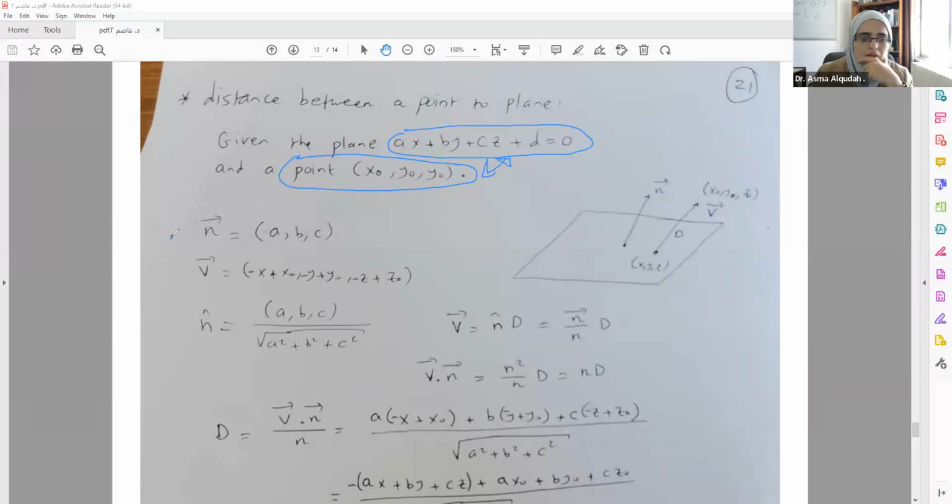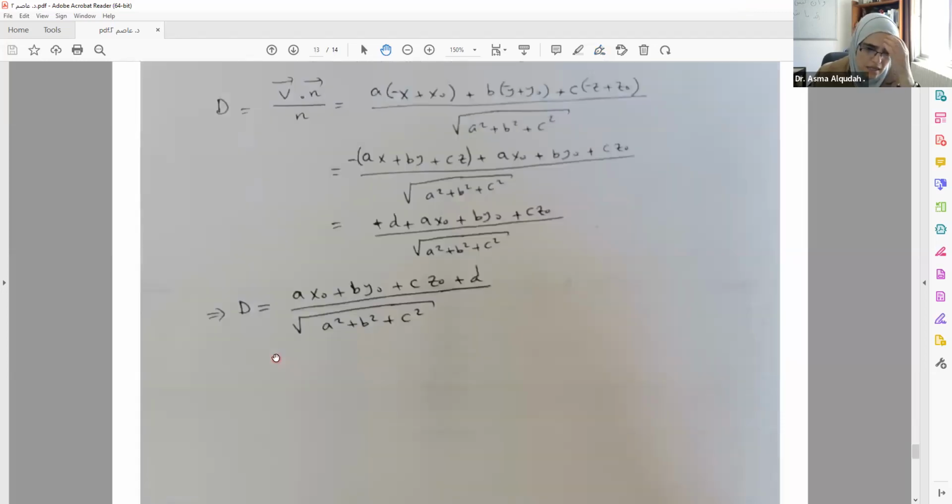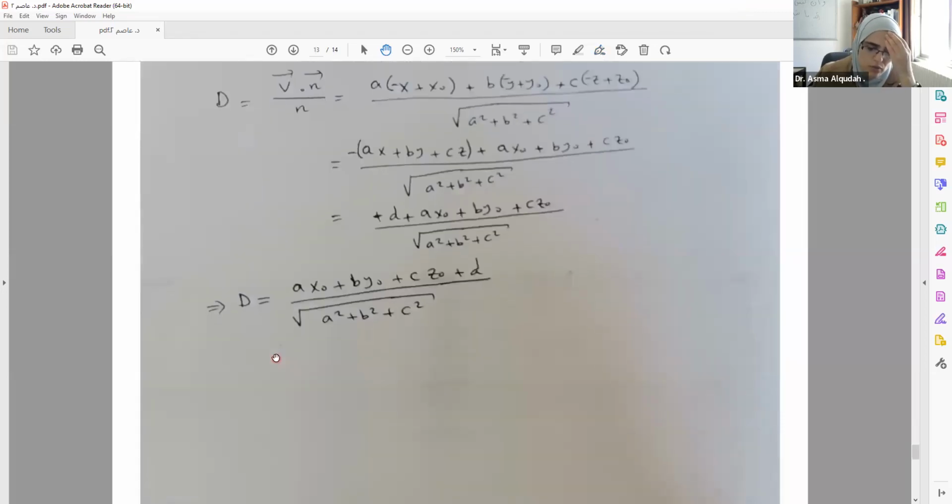This is how we derive this relation, but you can look at the derivation on your own. It's easy, but the final relation for the distance between the point and the plane is as follows.